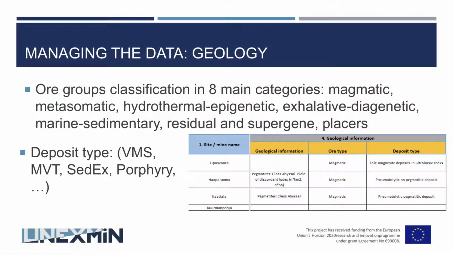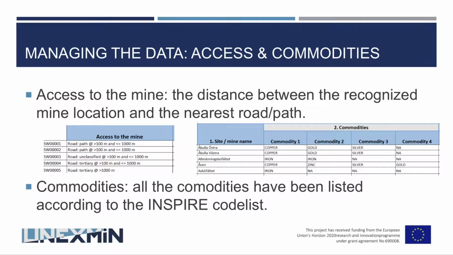Then for the geology, we took into account 8 main categories of ore group, and accordingly all the deposit types, such as VMS, MVT, SEDEX. All the mines are listed through a specific deposit type.